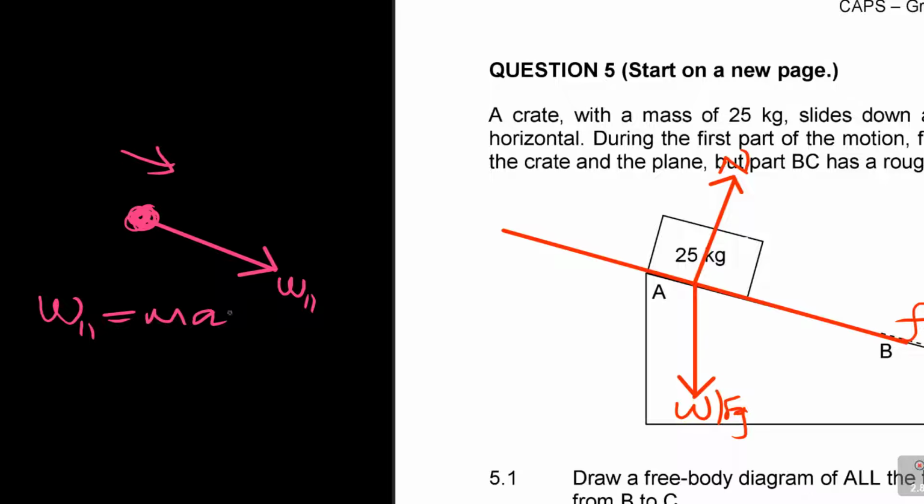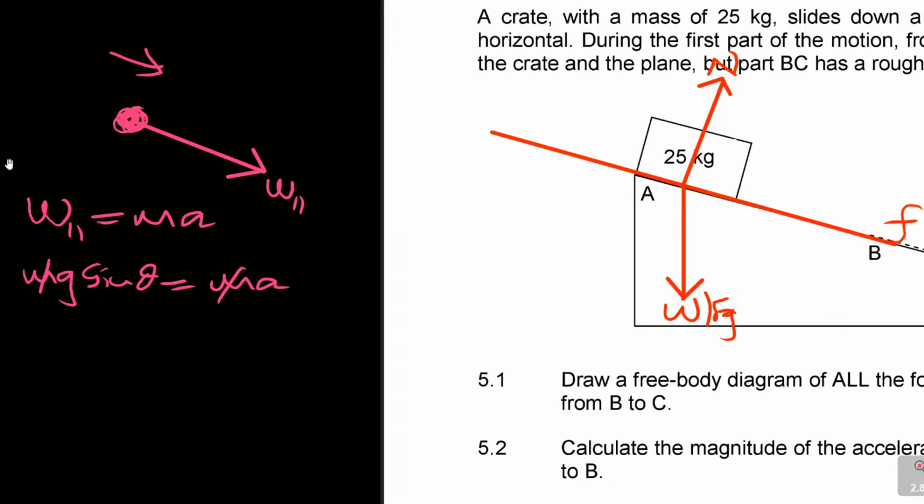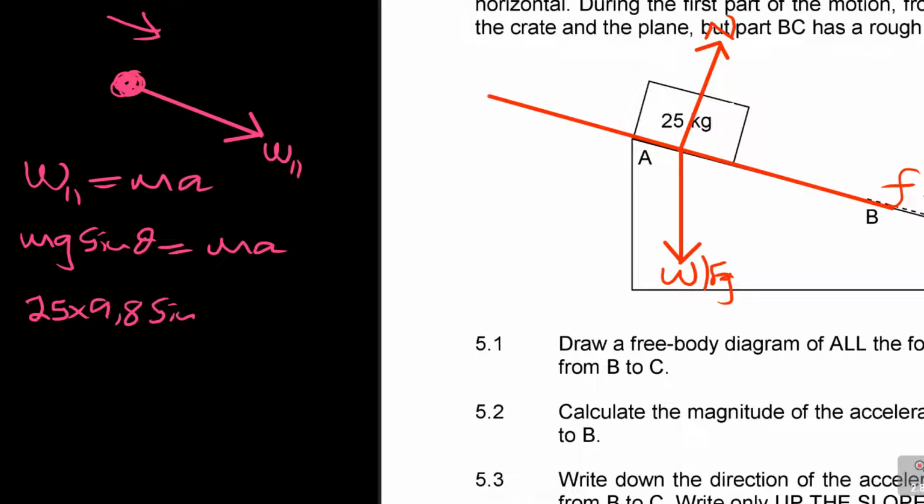But what is weight parallel? The parallel weight, remember, is mg sine theta, equal to MA. Look, M and M are repeating. You can keep it, but I prefer to cancel it because nothing else is keeping it. But if you feel it's confusing, let's leave it and work with it like that. So we say 25 times 9.8 times sine 15 is equal to MA, which is 25A.